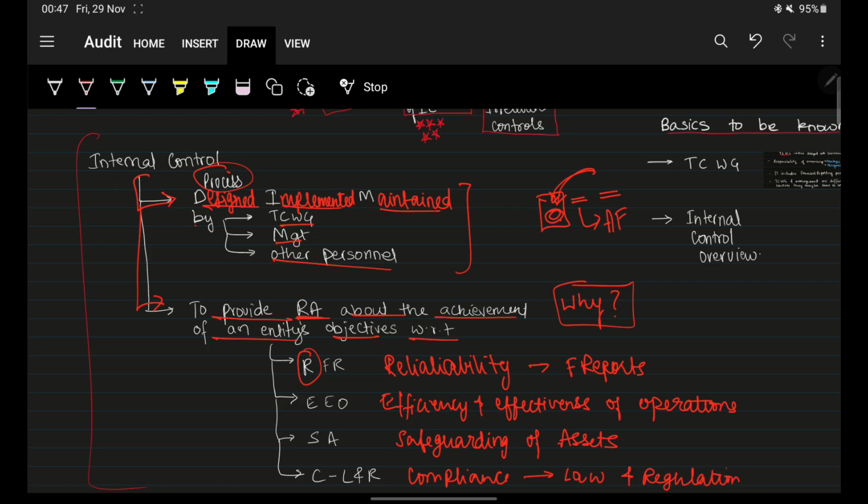So we just come from the top again. Internal control is a process that is designed, implemented, and maintained by those charged with governance or management or any other personnel to provide reasonable assurance about the achievement of an entity's objectives with regard to reliability of financial reports, efficiency and effectiveness of operations, safeguarding of assets, and compliance with law and regulation.